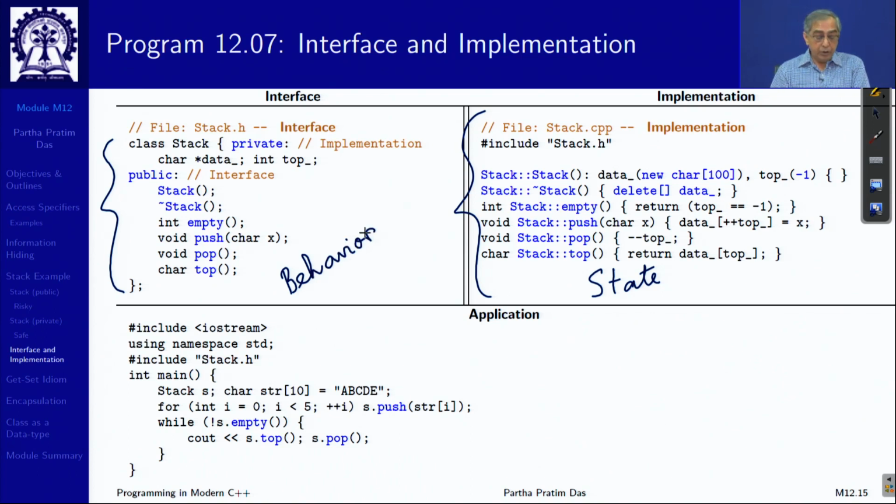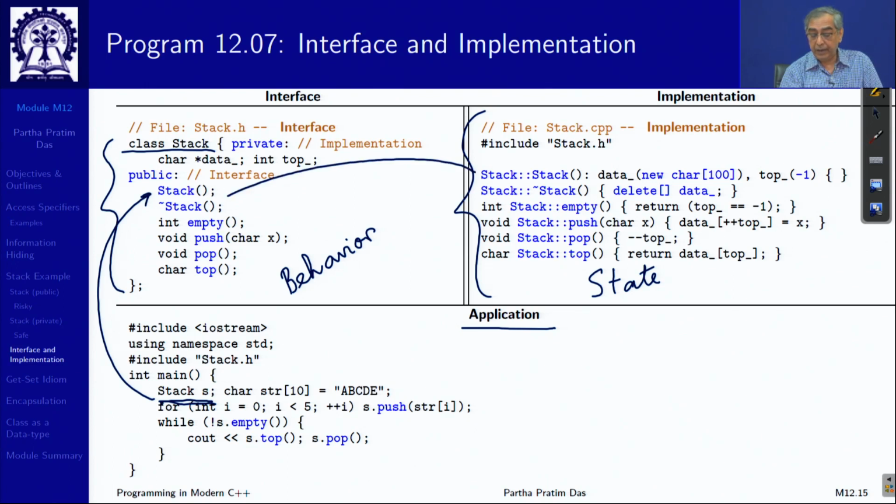You can see that the application finally, which is in yet another file, uses that simply as stack S. Knowing the stack, S will be able to call the constructor, which will actually call here.